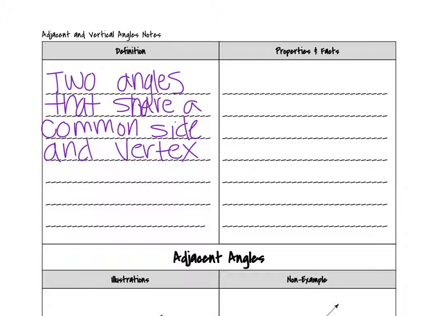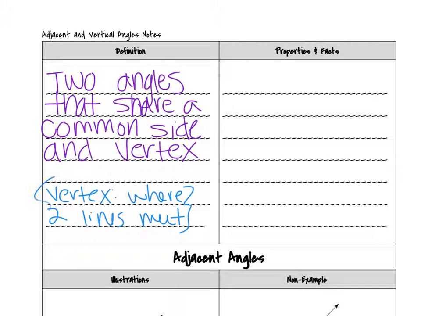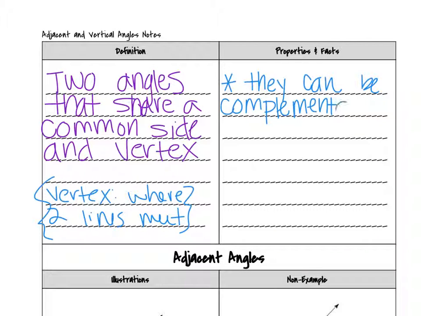So if you want to write that the vertex is where two lines meet, if that helps you, you can write that. So some things to know about adjacent angles is that they can be complementary or supplementary.